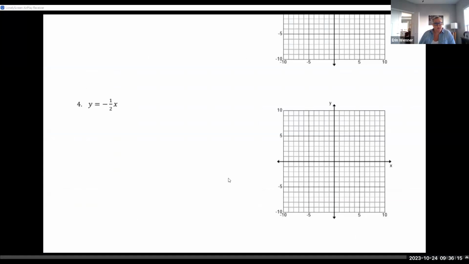The one other problem from 4B that I wanted to talk about that we were graphing is problem number 4 here. The reason I want to talk about that is because the equation looks a little bit different. We've got y equals negative 1/2 x. We remember this is from 4B, where we're talking about slope-intercept form.